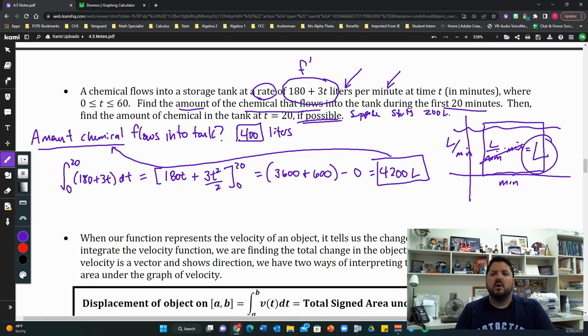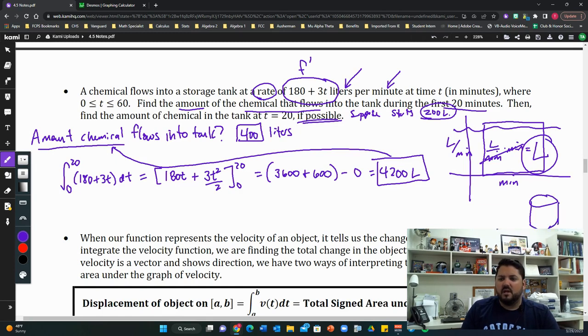So if at the start of this clock, when we actually turn the pump on and new chemical starts being introduced into the tank, if there was already 200 liters in there at the beginning, now we could figure out how much total is actually in the tank after those first 20 minutes.